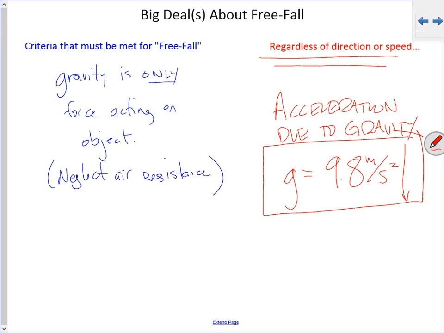Doesn't matter how fast you're going, doesn't matter if you're moving up or down. If an object is in what we call free fall, its acceleration is 9.8 meters per second squared downward. Okay?